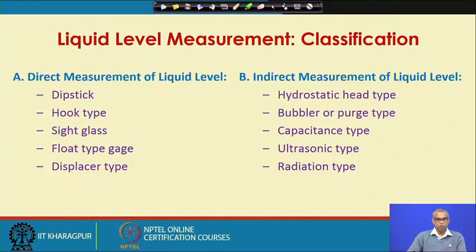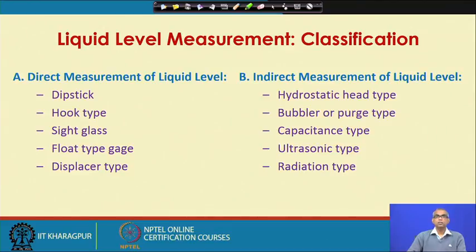All of these fall under the category of direct level measuring instruments. In indirect measurement of liquid levels, we do not measure the liquid level directly, but we measure something else and infer the value of liquid level from that.